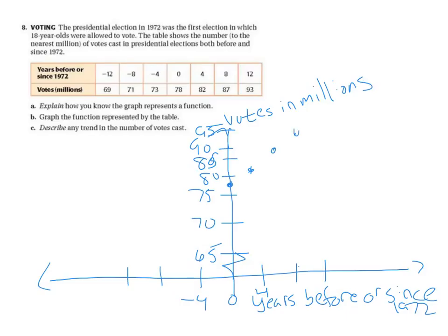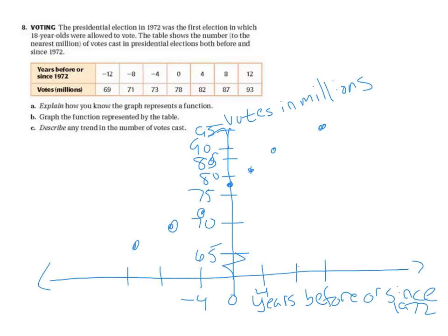Oh, that last one a little off. Okay. And then if we go backwards, -4.73, -8.71, and -12.69.